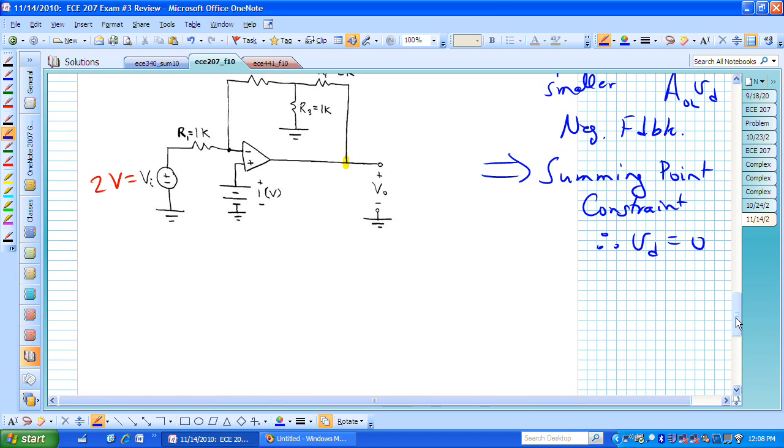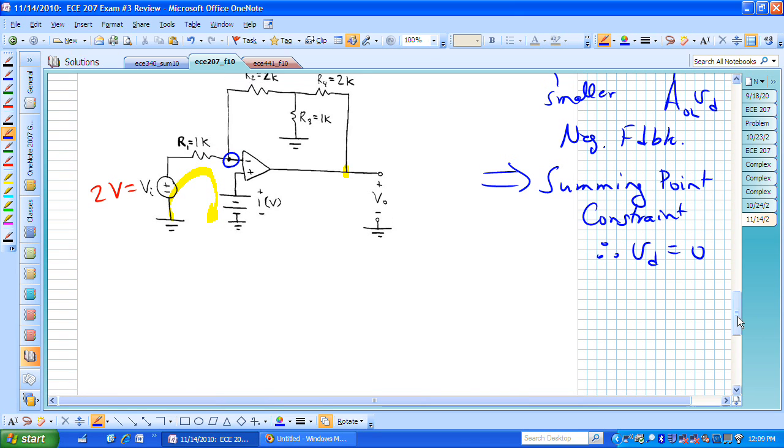What we are going to do is go from the input to the output. In making that transition, we will probably do a KVL there, then a KCL there, and we may then have to write another KVL, maybe around here. Note the difference now: we don't have that positive, non-inverting node grounded.